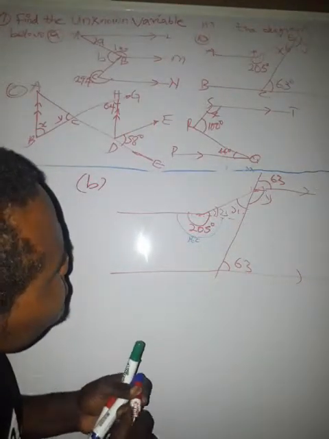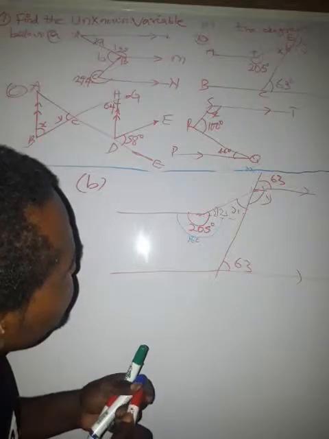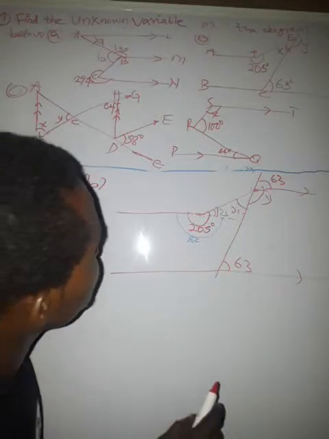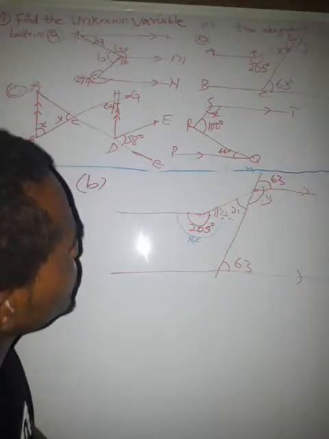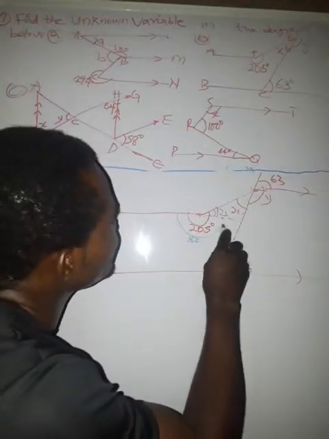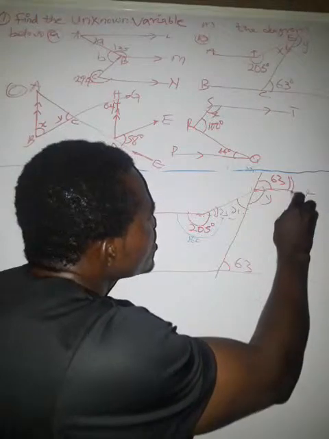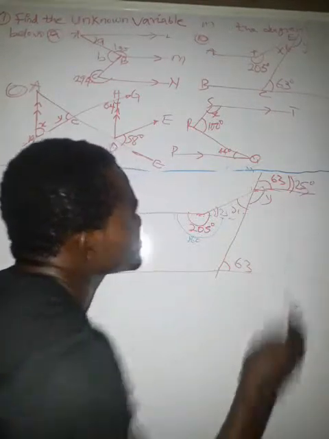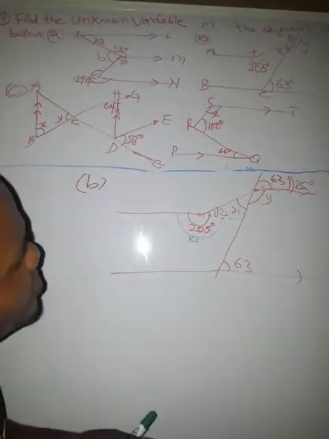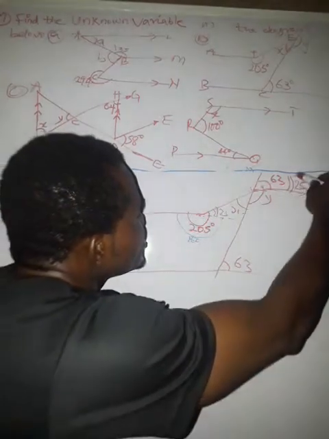Here is 25. If this place is 25, this place also is 25. You see now, this is a corresponding angle because they are having the same.